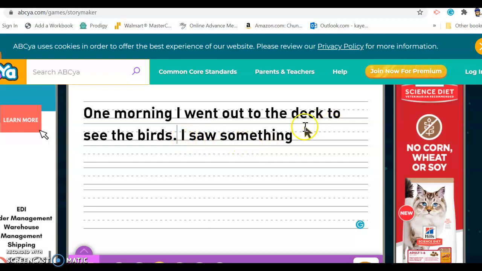I saw something in the side of the deck.